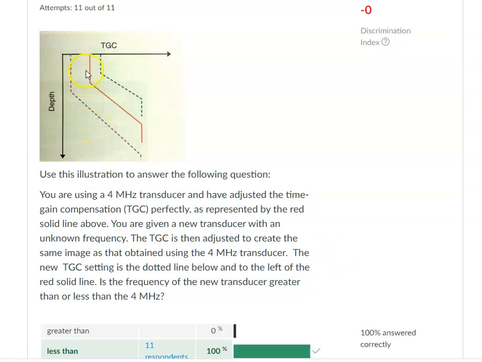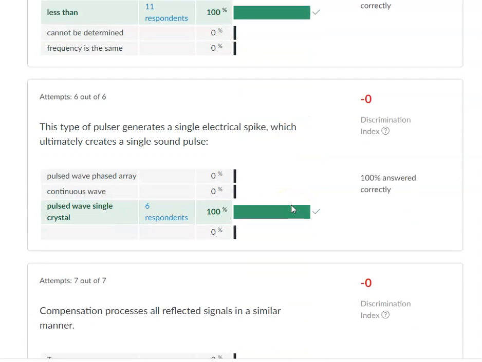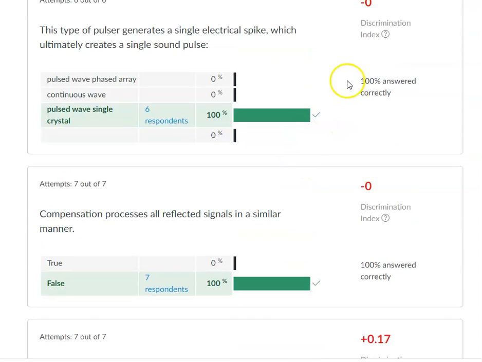And then now we're having to adjust our compensation less initially and less for each individual point in depth. Then, of course, we're utilizing a lower frequency transducer. And so everyone got that correct. I'm very happy to see that. And of course, it's straight out of the book, so I'm not too surprised.